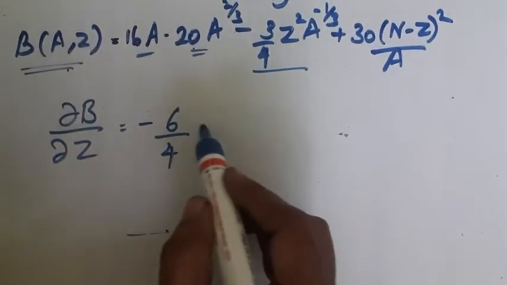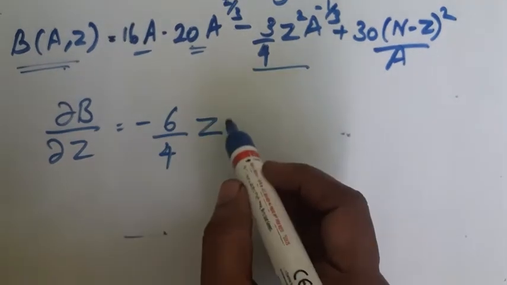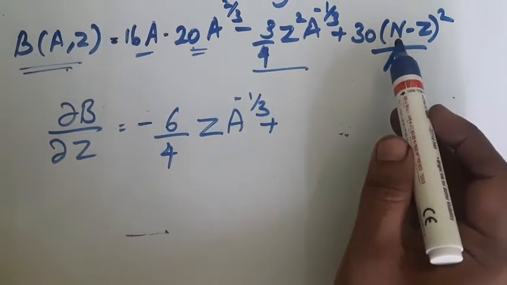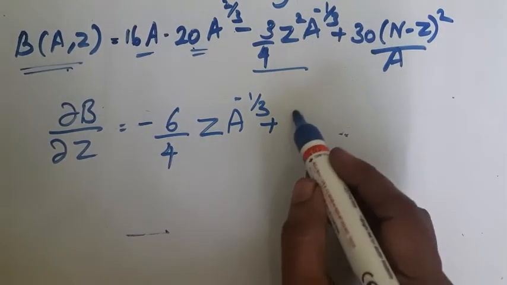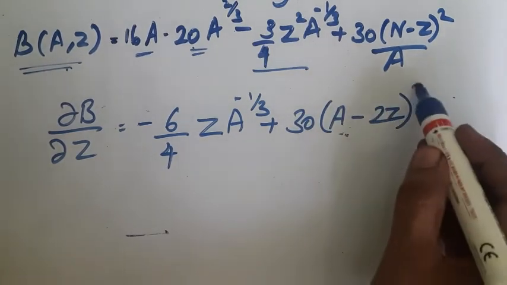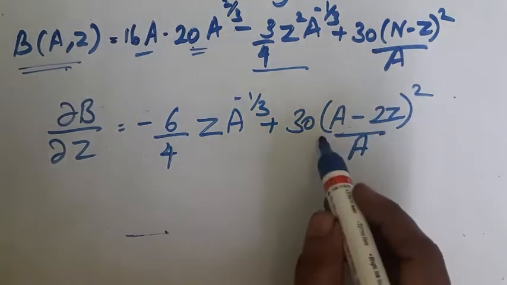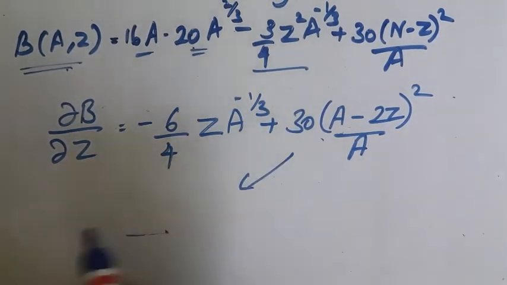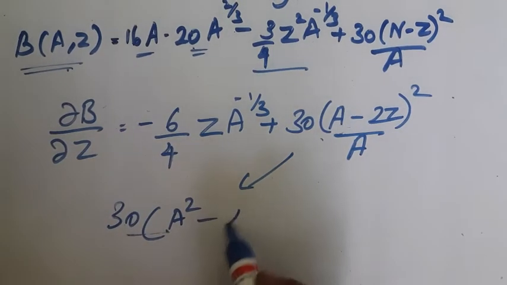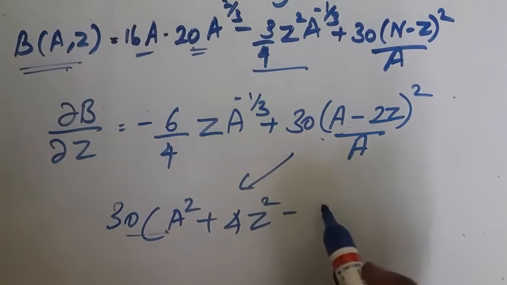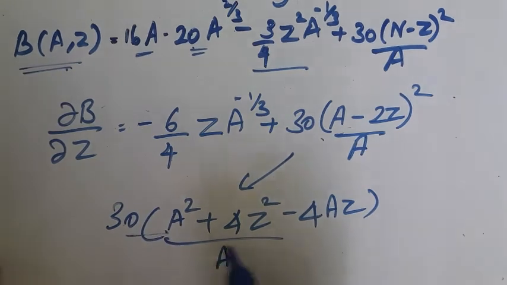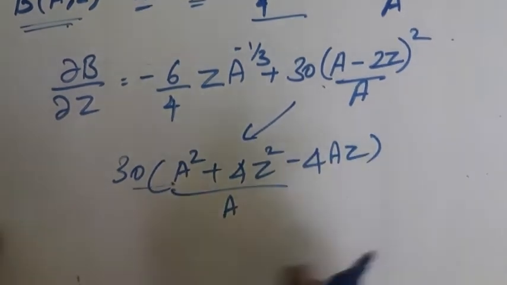We get 6 by 4 Z, differentiating Z squared, and here we have N. Let me change it in terms of A. So (A minus 2Z) the whole square by A. Let me expand this term: A squared plus 4Z squared minus 4AZ, by A. Now differentiate this term.